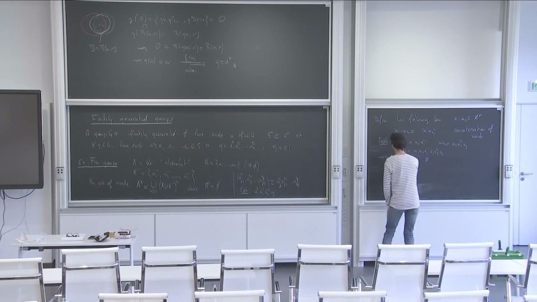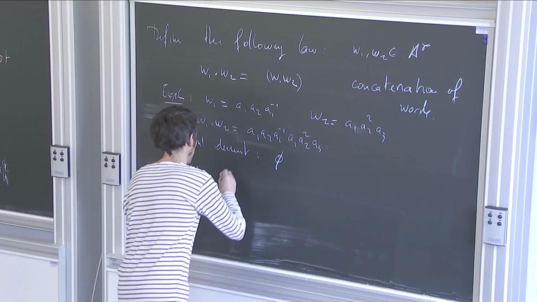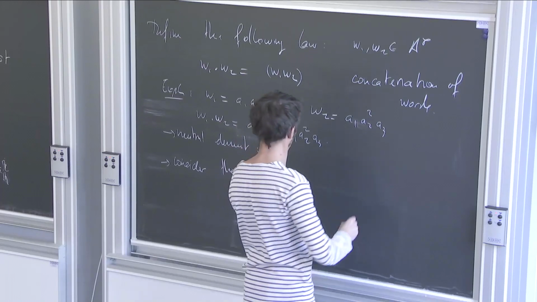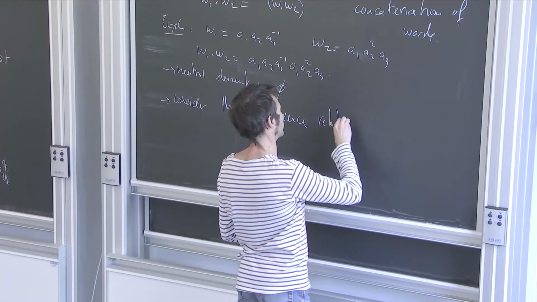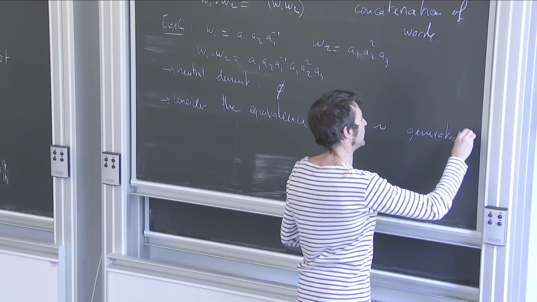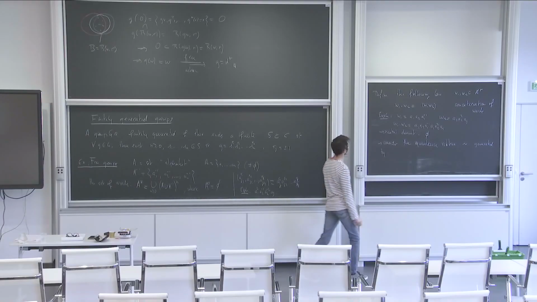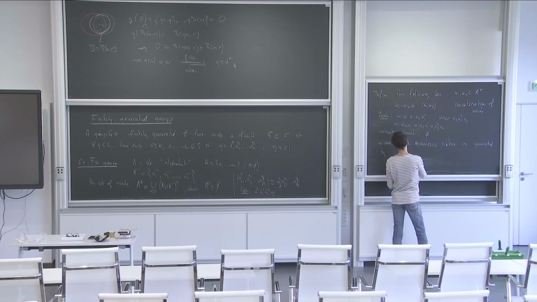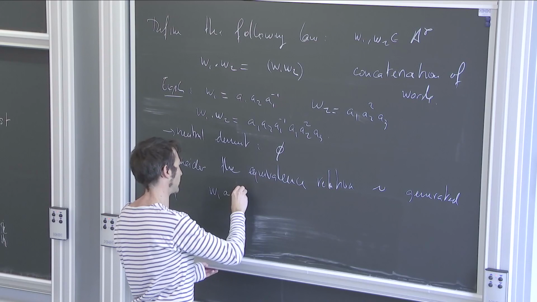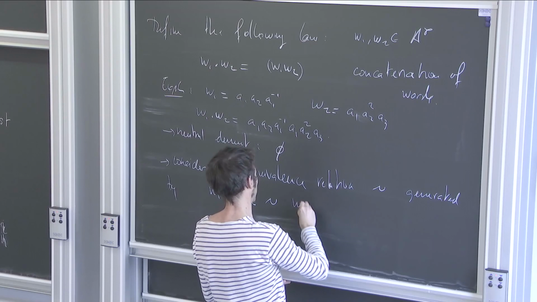So to do that, we consider the equivalence relation generated by, so it's an equivalence relation on the set of words, saying that W1 A^-1 A W2 will be equivalent to W1 W2.